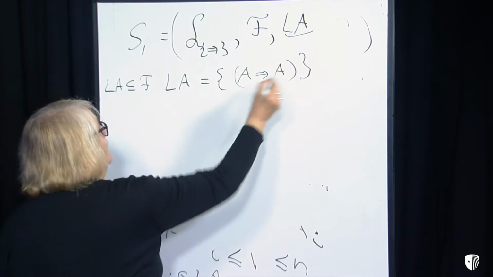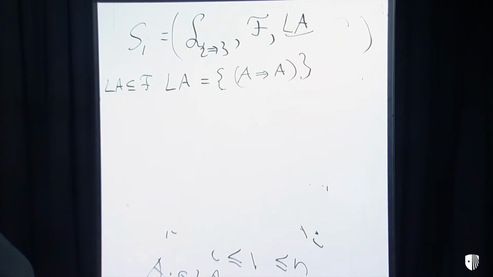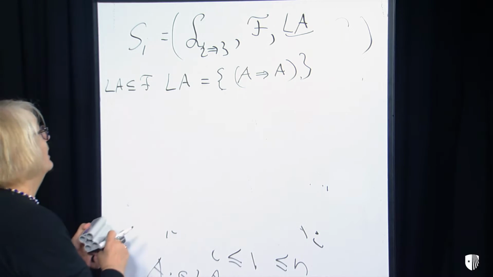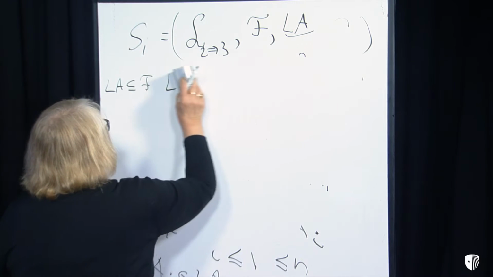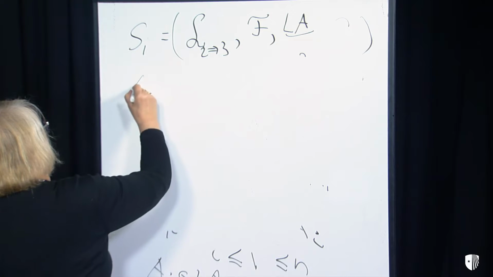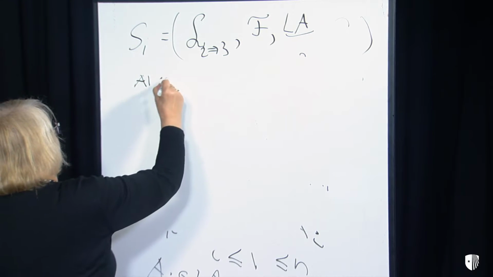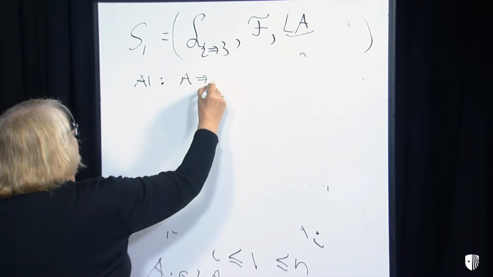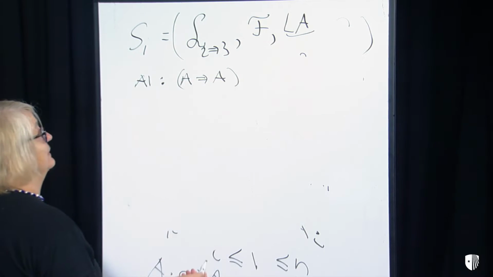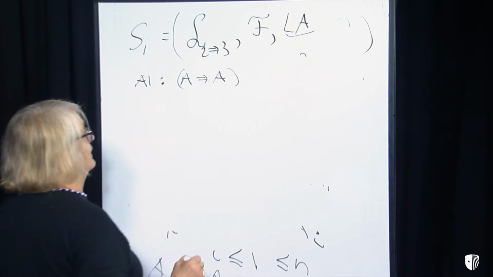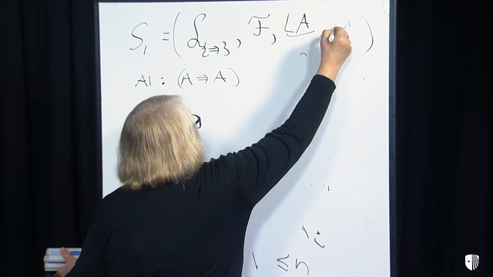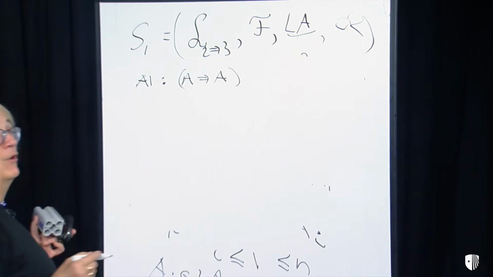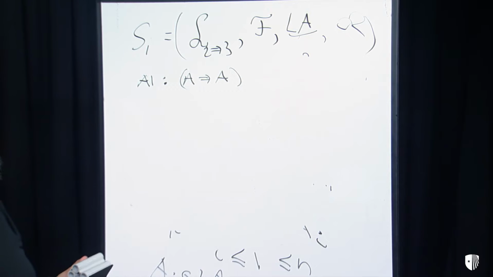That is a one-element axiom set. We can write A1 is A implies A. So this is the set of logical axioms. Rules, we have to define the set of rules. We have only one rule.